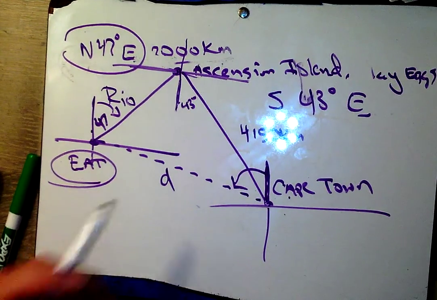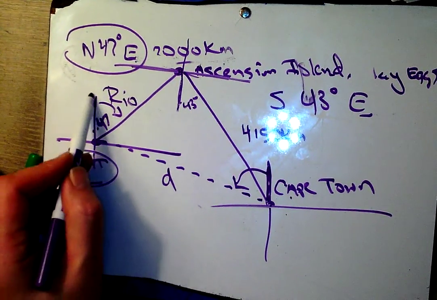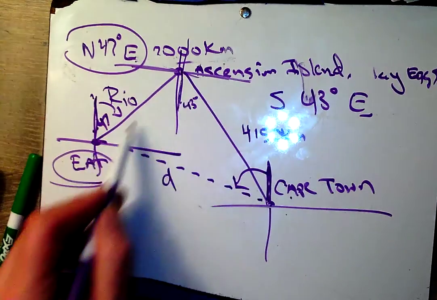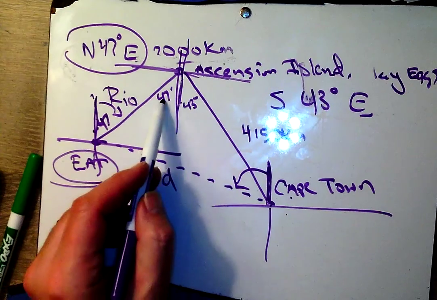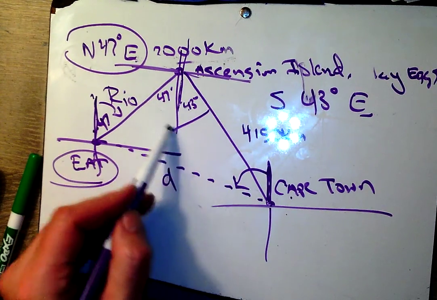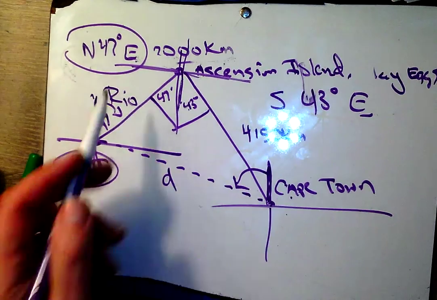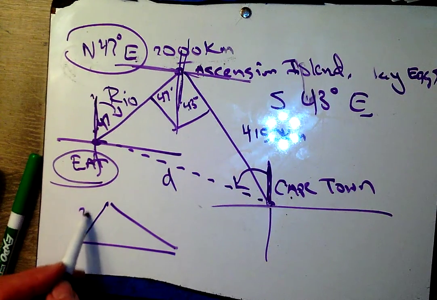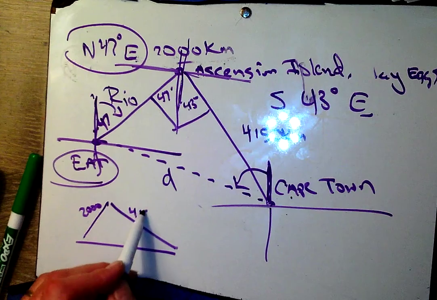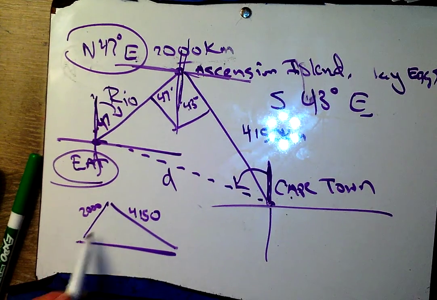Okay, because these are parallel lines cut by a transversal, this must be 47 degrees. 47 plus 43 is 90, so we've got a right triangle here. And we know that this is 2,000, this is 4150, and that's got to be longer than either of them.